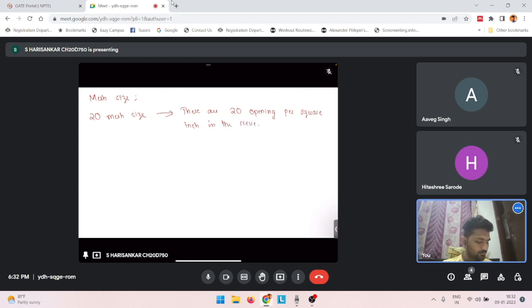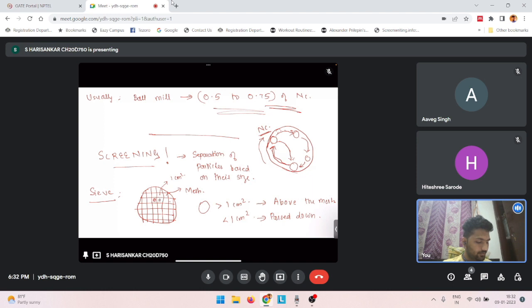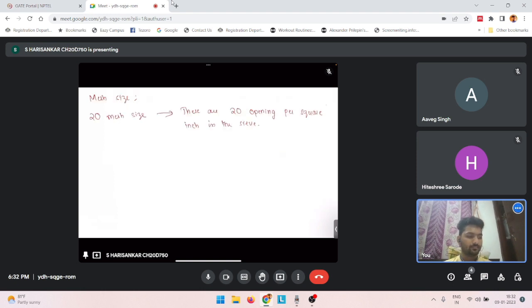So each opening is like this, and there are 20 such openings in 1 square inch area. That is called 20 mesh. So if it is 200 mesh size, this will have 200 openings per square inch of the sieve. So that is what is called a mesh size.